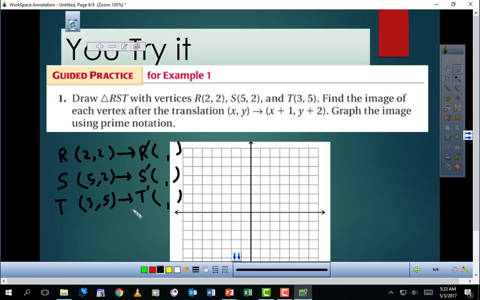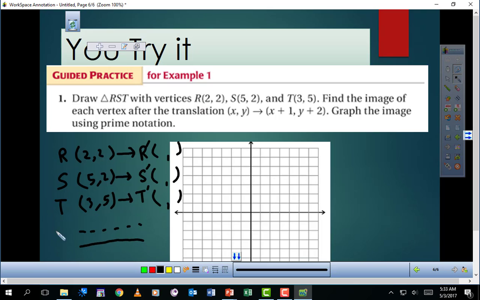And since you probably don't have blue and red pens like I do, I recommend using a dashed line for the pre-image when you draw the picture. When you have the image, which is the second one, draw a solid line.